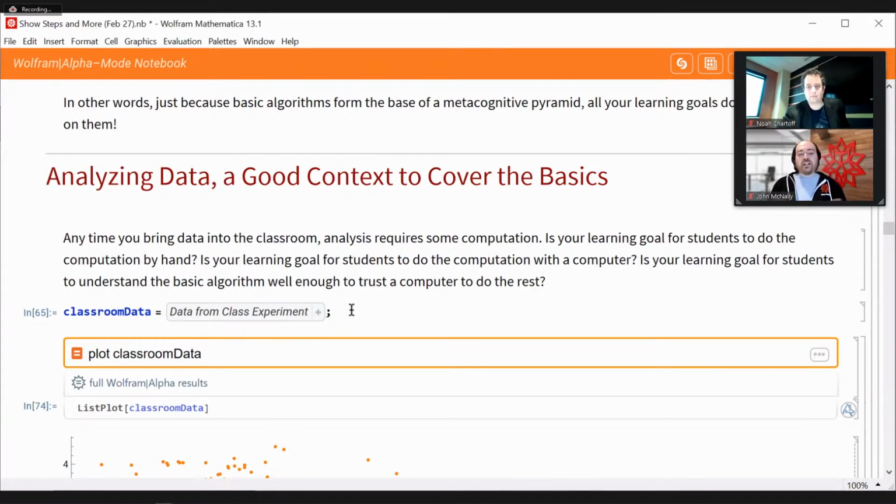This classroom data comes from handing your students a kit where they say, all right, I'm going to build a little model catapult, and then we're going to take data and analyze it and figure out, how do these things work? How accurate are they? How can we understand the bounds on their accuracy from this mechanical thing? And then that can lead into the rest of the skills that you're hoping to cover, right?